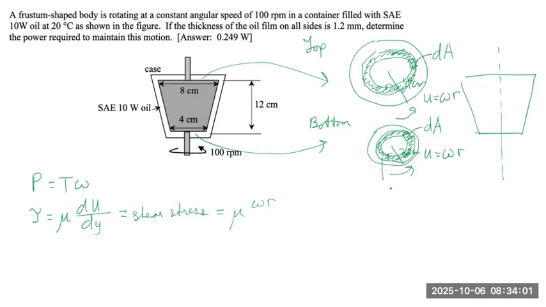So this ring has this dr, and the radius is the location of this differential area from the center. So this is what our area is, because every ring is going to have the same associated rotational motion, but it's going to be at a different r from the center of the face.